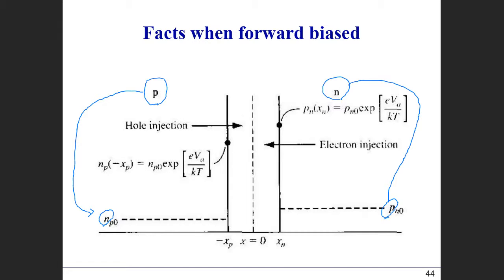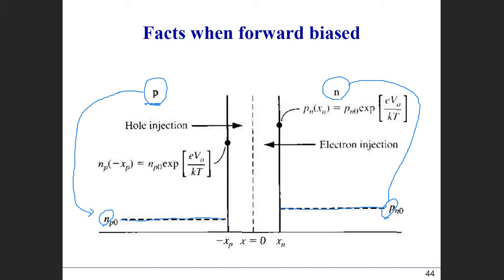So first, at the thermal equilibrium, which means there is no bias, the electron concentration in the p side will follow this line. In the N side, the minority carrier concentration follows this line. Okay. And this is at the thermal equilibrium without any bias.